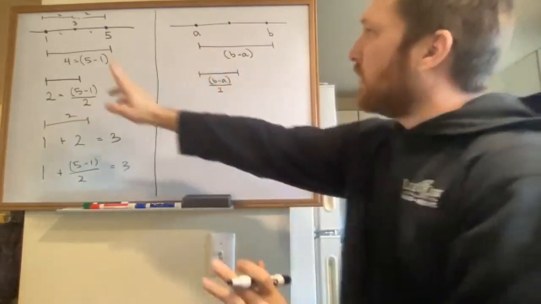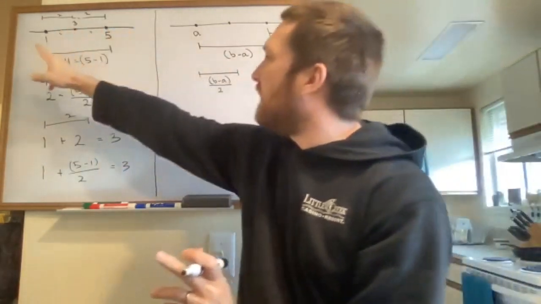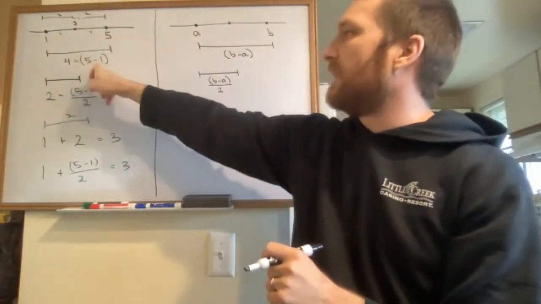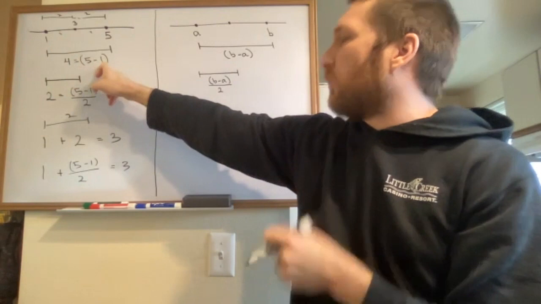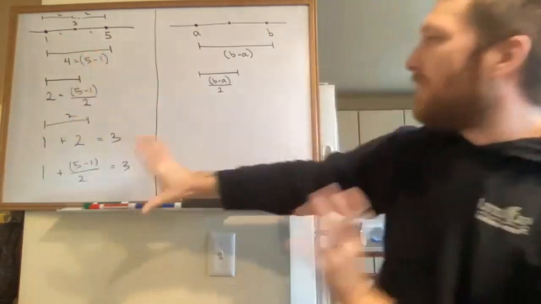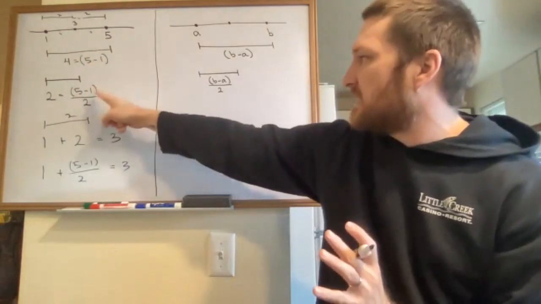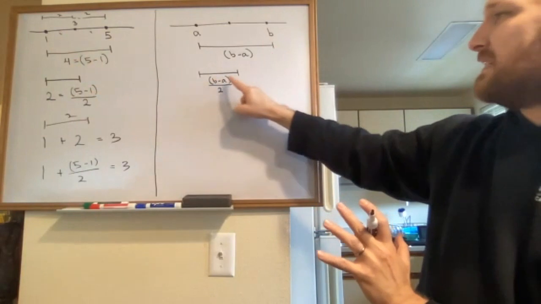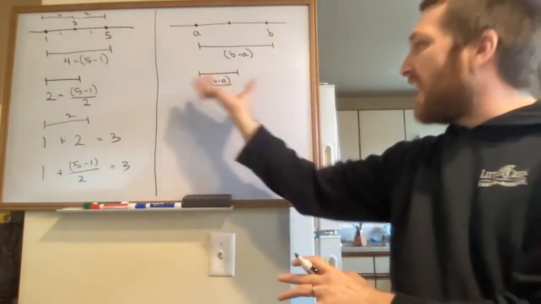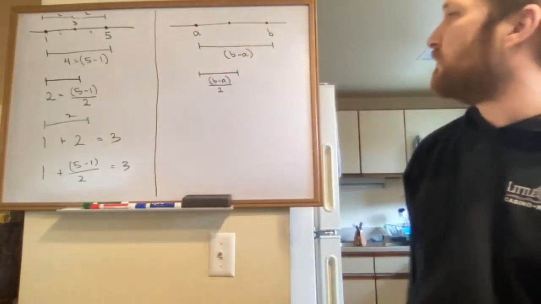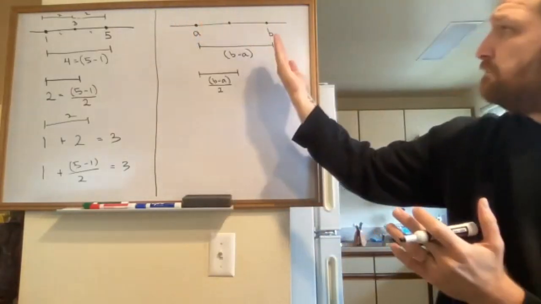So for instance, when we were trying to find the distance between 1 and 5, we said you go up to 5 and you subtract 1 and you get a total of 4. And then we said, well, half of that distance is 2 because 2 is half of 4. But what we did is we said, well, you take the distance and divide it by 2. So in symbols, we're doing the same thing. You take whatever that distance is over 2, and that number that you get is half of the distance from there to there. And that's where we want to end up.